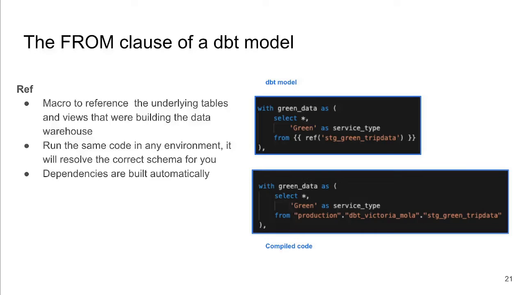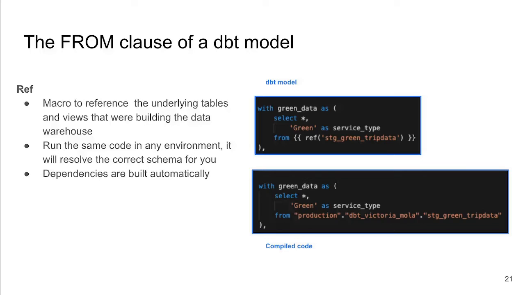We'll create either a table or a view in our data warehouse. We can call those tables or views that were created from either dbt models or dbt seeds using the ref macro. See that here I only add one name. I don't add here the schema, the database, or anything else.